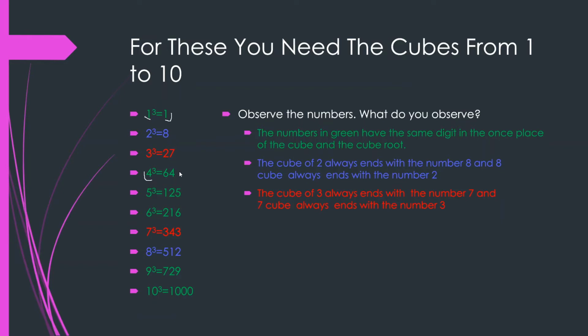Here also 4 and 4, 5 and 5, 6 and 6, 9 and 9, and for 0 the ones place is 0 in both. The cube of 2 always ends with the number 8. So if the given cube ends with 8, the last digit of the cube root will be 2.